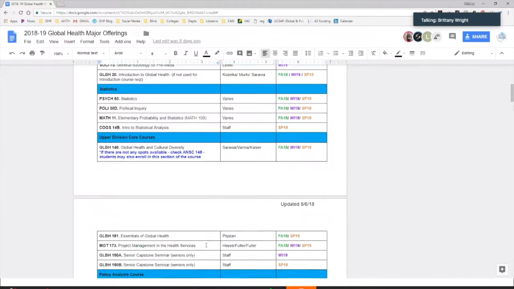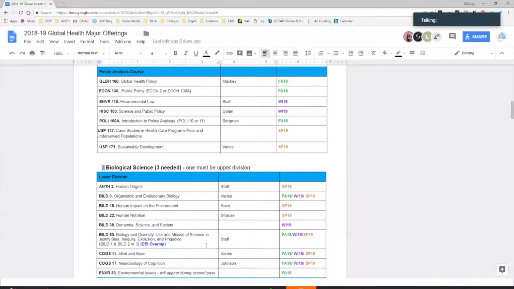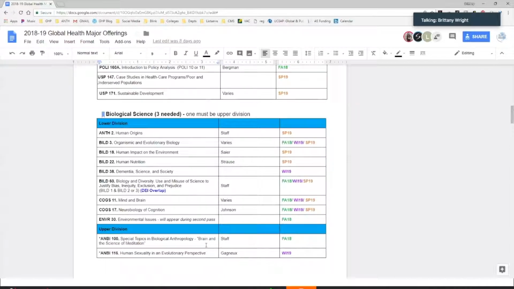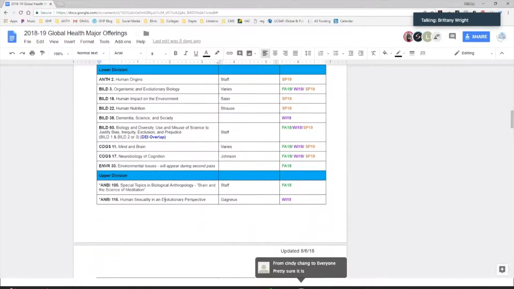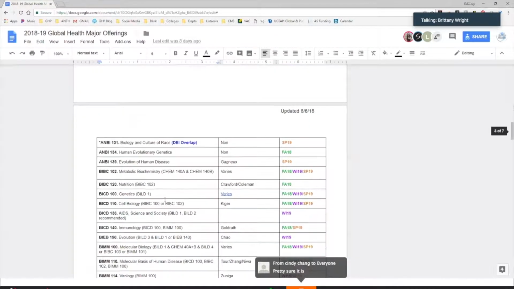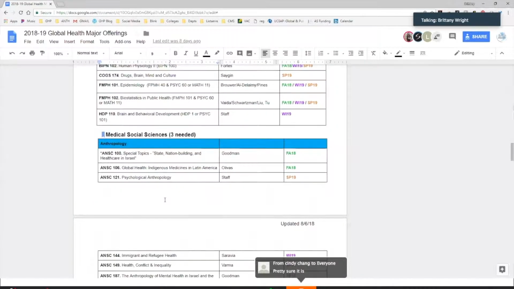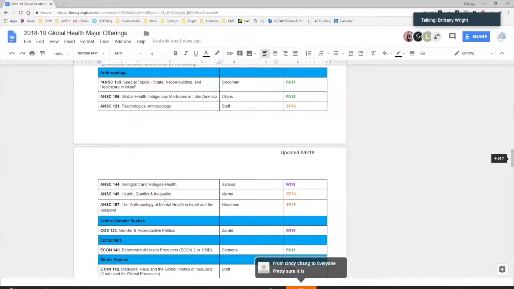So if you go through this list, you can see all the biological science courses offered this year. So there's course offerings every quarter. And then you'll go down, you'll see the medical social science electives. So if you're interested, for instance, in immigrant and refugee health, that course will be offered in winter.